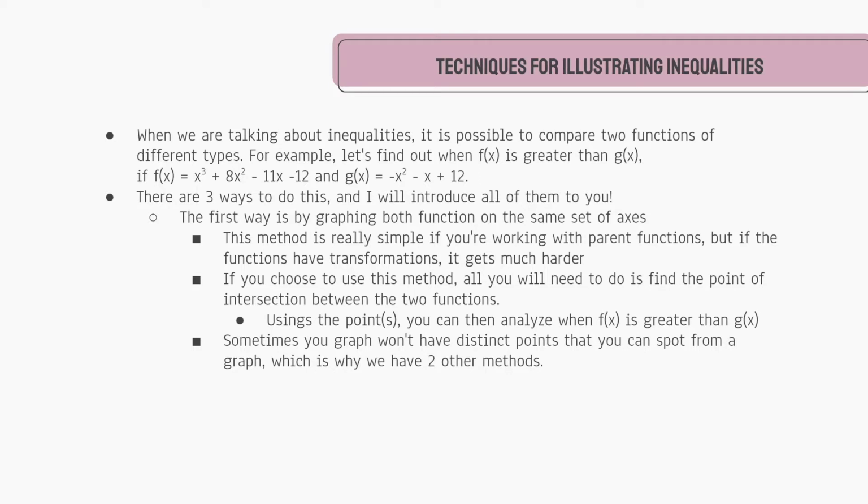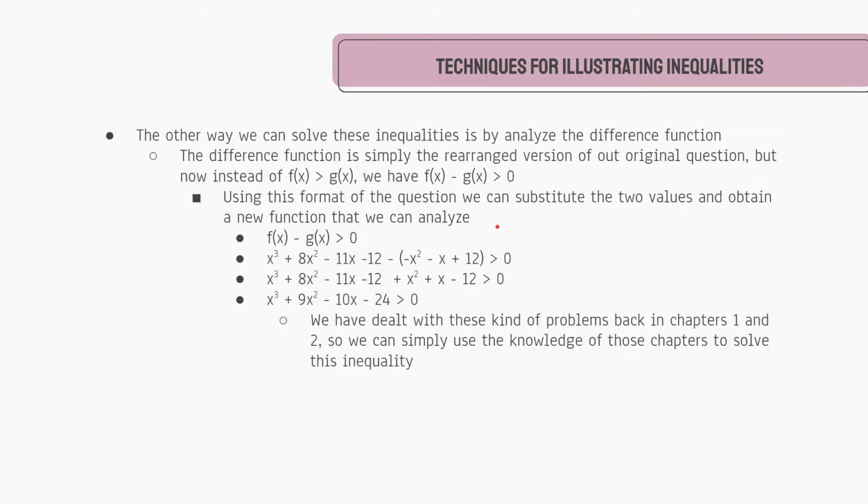With that being said, that is why we have 2 other ways to talk about these functions and how to solve them. The first other way that we have is by analyzing the difference function. So the difference function, as you can probably guess, is simply the difference between f of x and g of x.